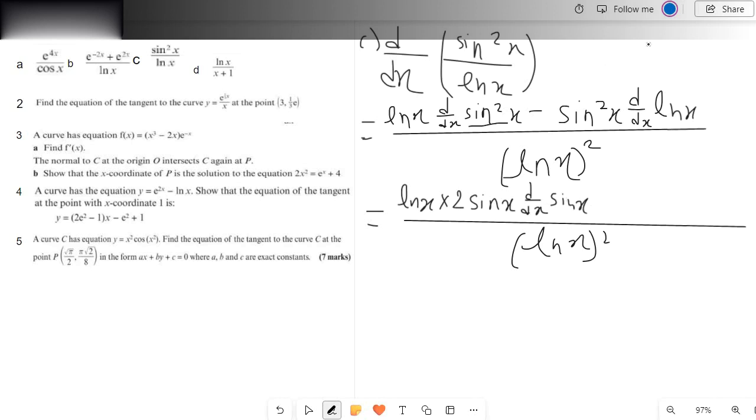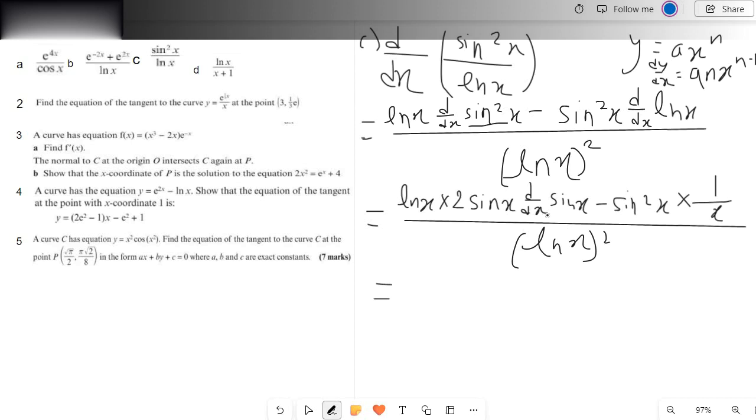If you remember the power rule, if y equals a x to the power n, then dy by dx equals a n x to the power n minus 1, which is discussed in my first video. So subtract sine squared x multiplied with the derivative of ln x, which is 1 by x.